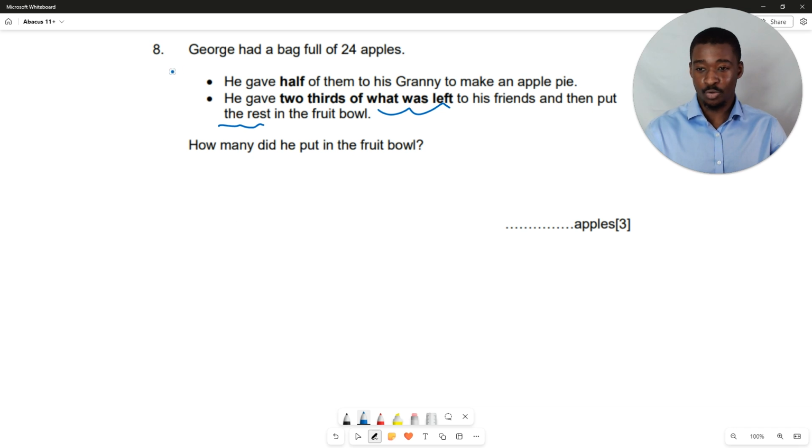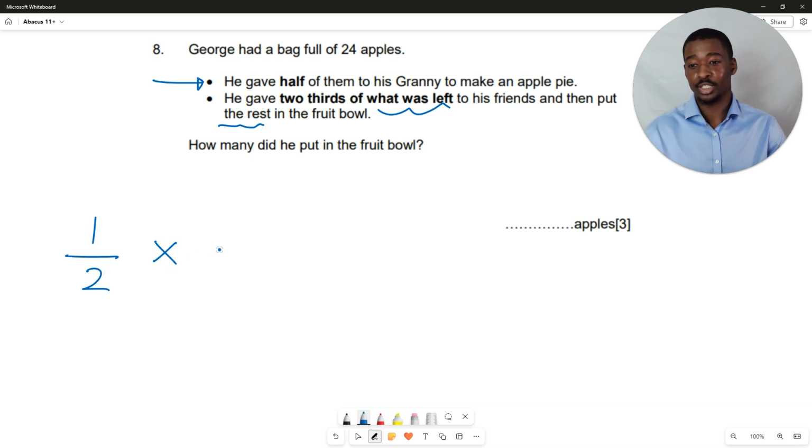So let's start by going through the first bullet point. He gave half of his 24 apples to his granny to make an apple pie. So half of 24, we know the code word of that is times, multiplication. So half times 24 over 1, or 24, same thing.